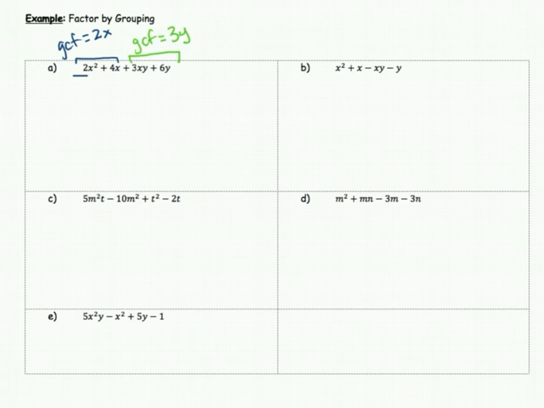So this one would be 2x, and that'll be 2x there. So that would leave me 2x to come out here. And then I have 2 divided by 2, that cancels out. X squared by x is x. 4 divided by 2 is plus 2, and the x's cancel out.